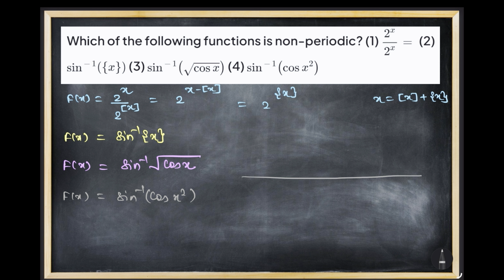The moment you increase the value of x, it will have a maximum value of 1 and a minimum value of -1, but it will start squeezing things. The maximum and minimum values will be the same, but it will get very close. Okay, so it is not a periodic function.